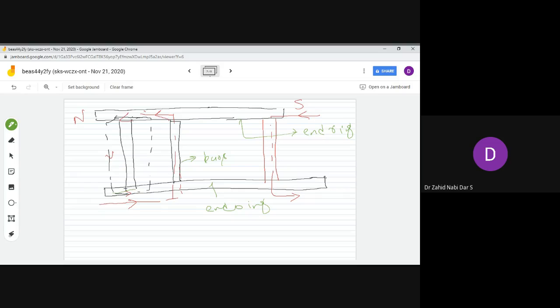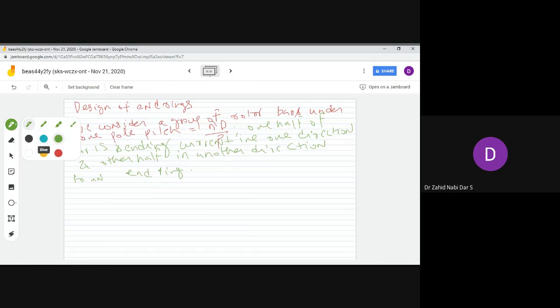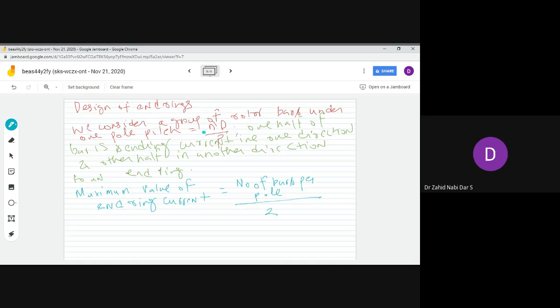So the maximum value of the end ring current would be equal to the number of bars per pole divided by 2, into the current per rotor bar. Divided by 2, why? Because you have 1, 2, that's the reason.